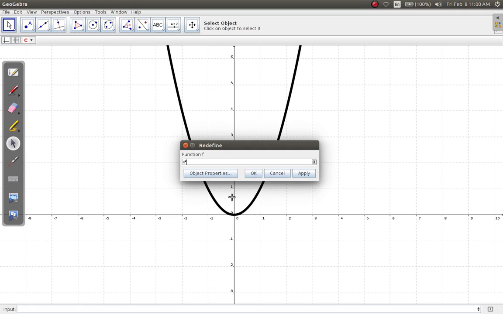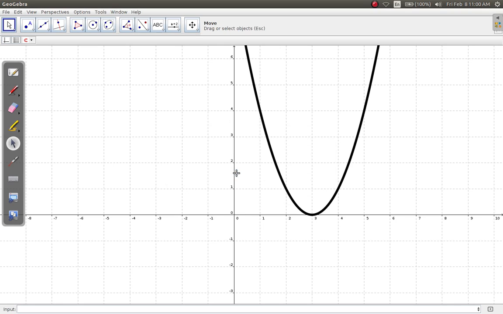And when I go into the square and say x minus 3 all squared, it moves 3 places to the right. Alright?